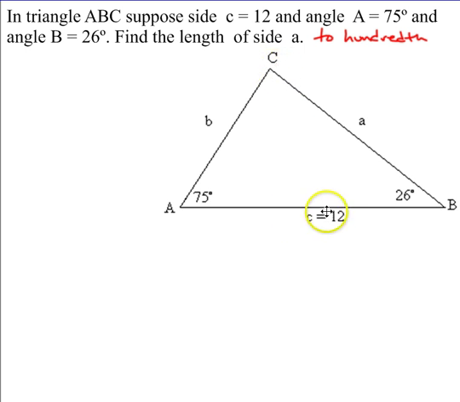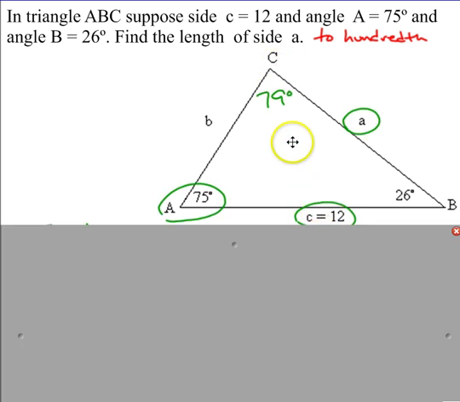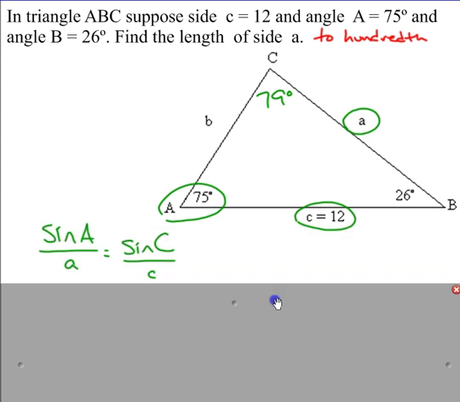Well, we can figure that out, right? So do some subtracting from 180 and you get that angle C is 79 degrees. Now we've got it. We're going to match up angle C with side C, angle A with side A. So the law of sines version that you're going to use is sine of angle A over A equals sine of angle C over C.